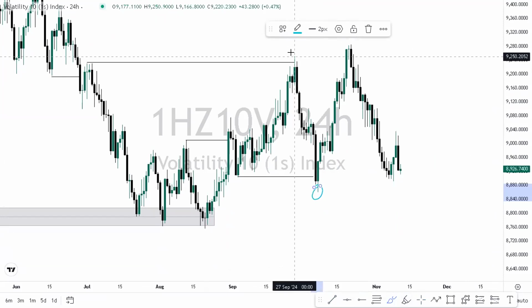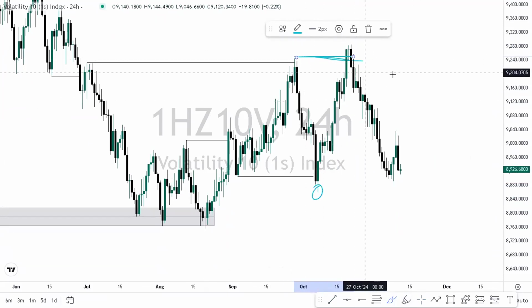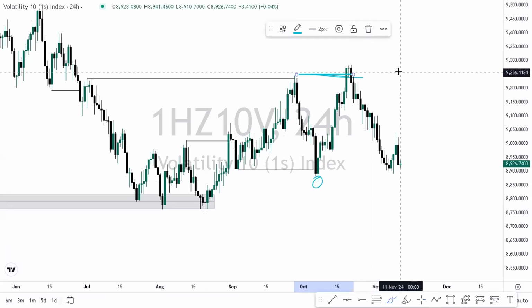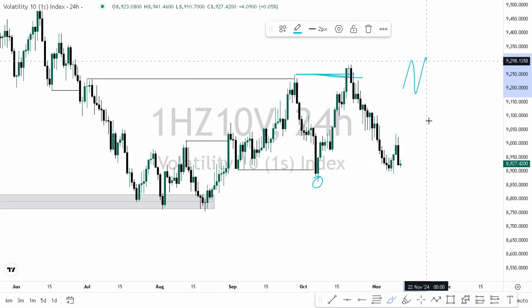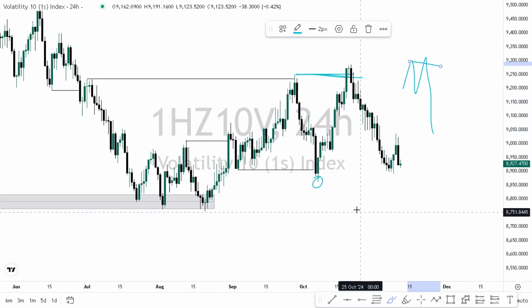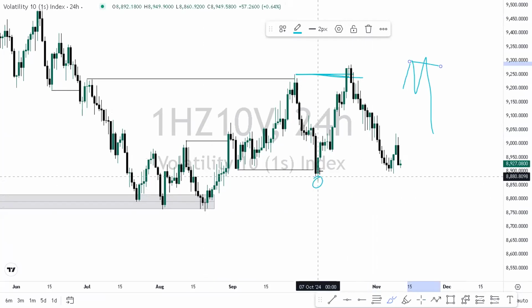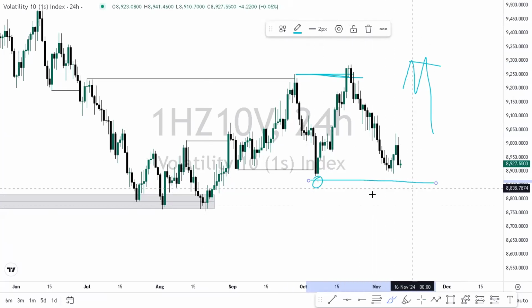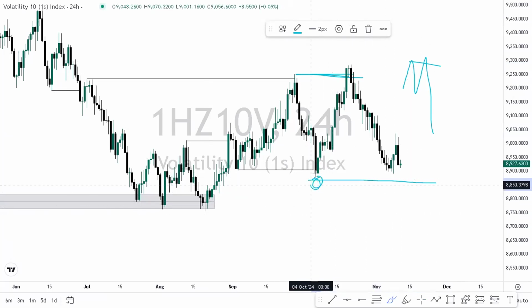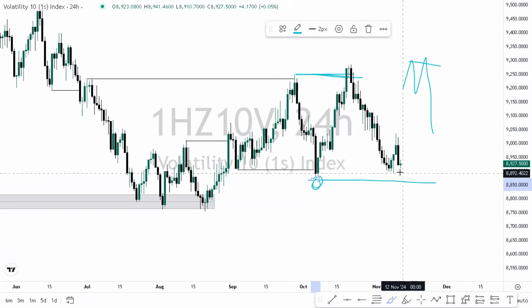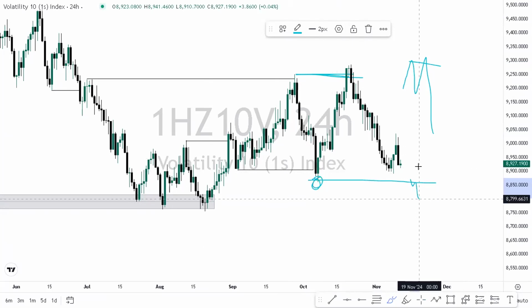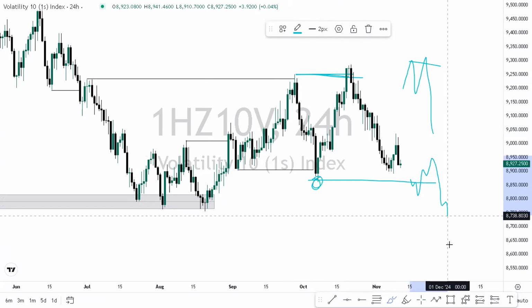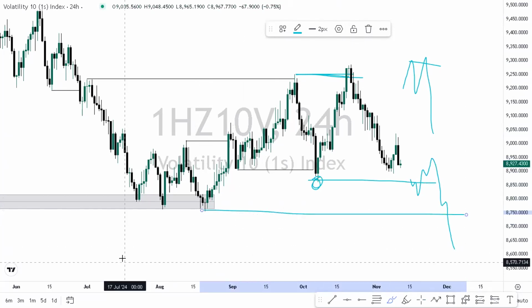But this area can also mean something else. Now, what's that something else? Giving us a shape, right? To the downside. Now, for me, I will be needing the market to break through this low to confirm that we are going to do something as this. Are we together?